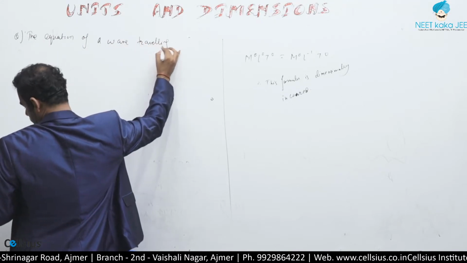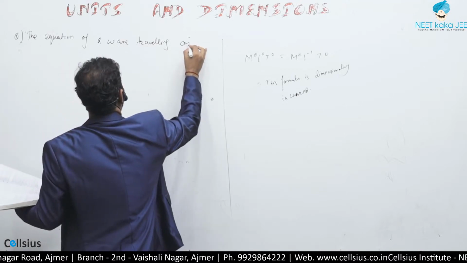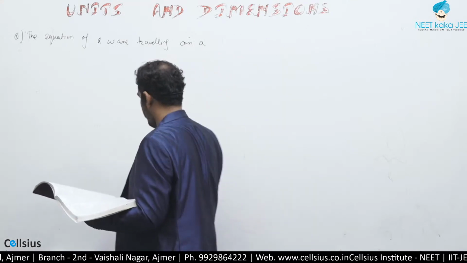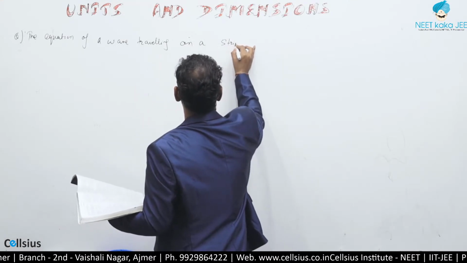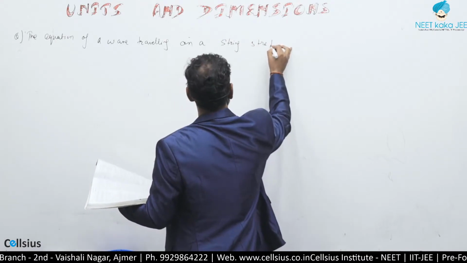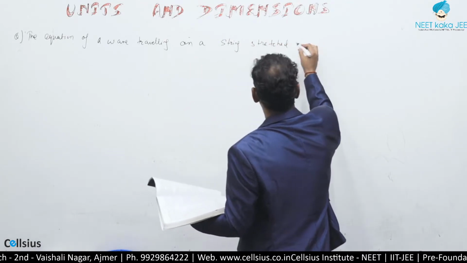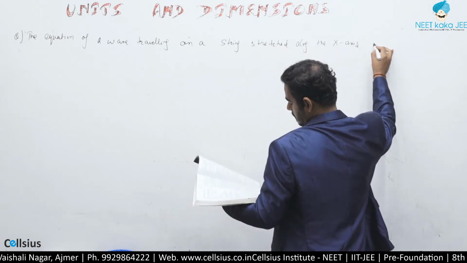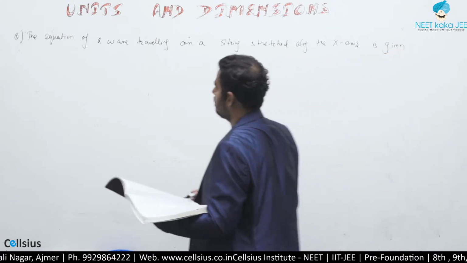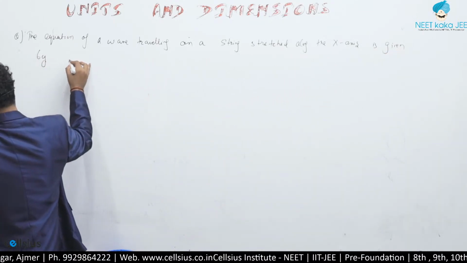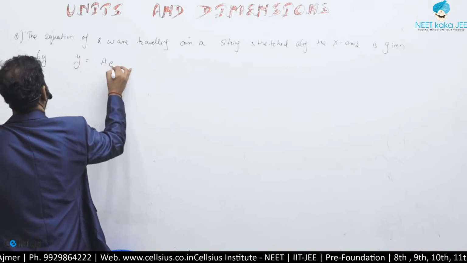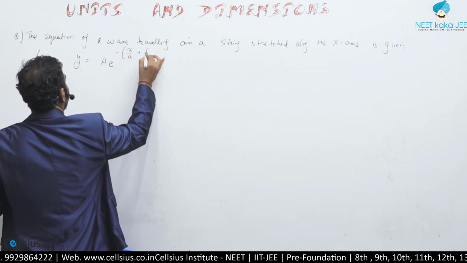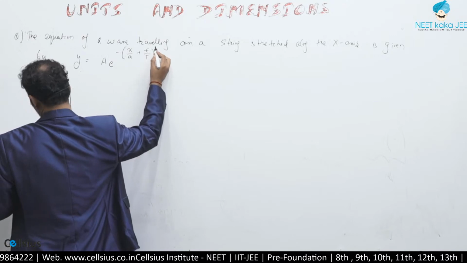The equation of a wave traveling on a string stretched along the x-axis is given by y is equal to a e to the power minus (x by a plus t by T) whole square.